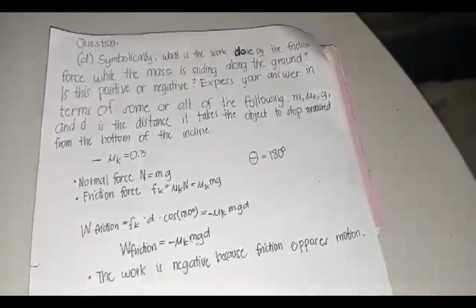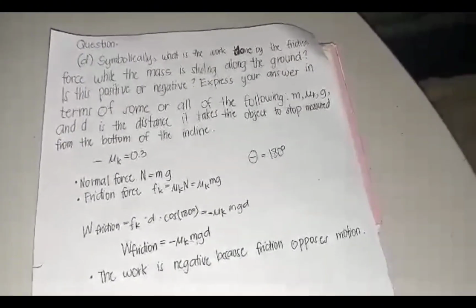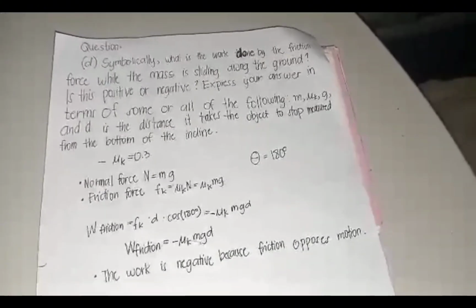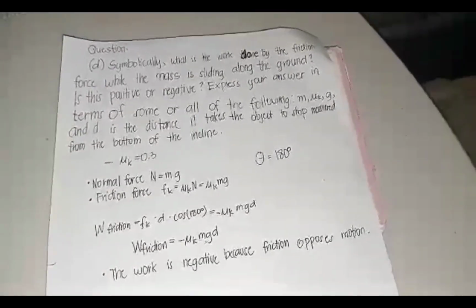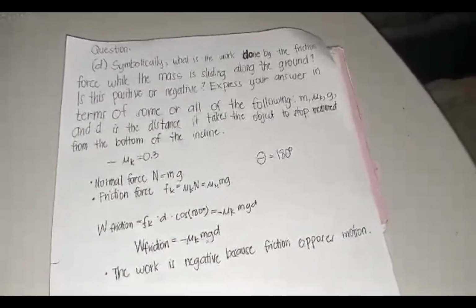The question in letter D is: what is the work done by the friction force while the mass is sliding along the ground? Is this positive or negative? Friction force on the horizontal surface.